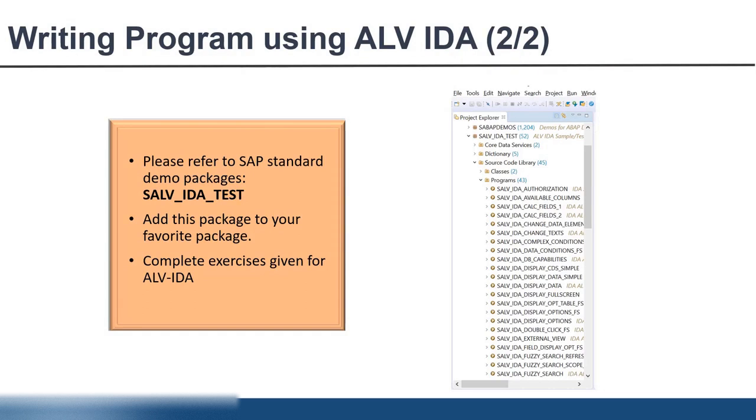So SAP has provided us different standard programs with different functionalities. You can refer to this package, you can refer to this list of standard programs and write your own ALV program. You can also refer to the next ALV demo videos, in which we will help you to write actual ALV programs. So all the best, and please go ahead and start writing your ALV IDA program.